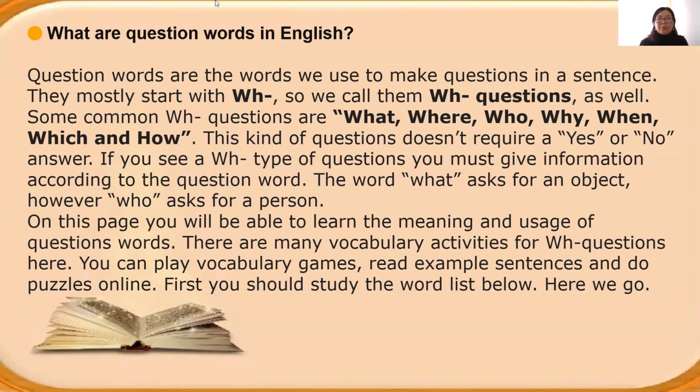This kind of question doesn't require a yes or no answer. If you see a WH type of question, you must give information according to the question word. The word what asks for an object, however, who asks for a person.